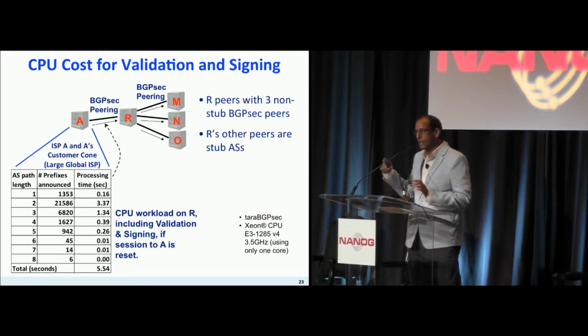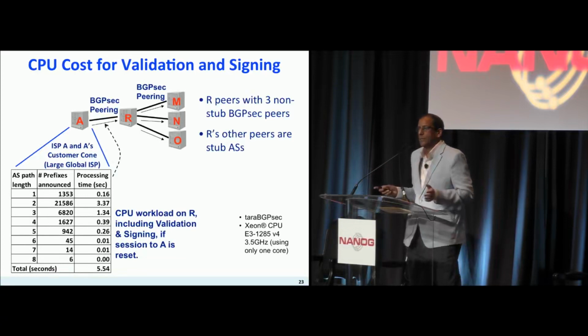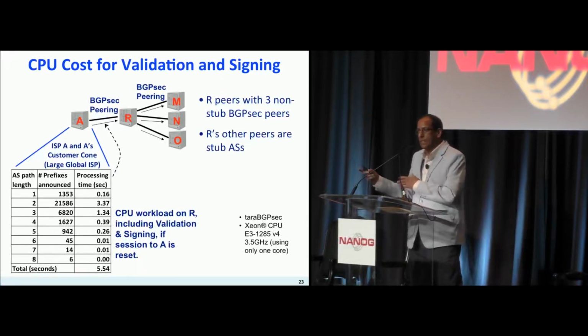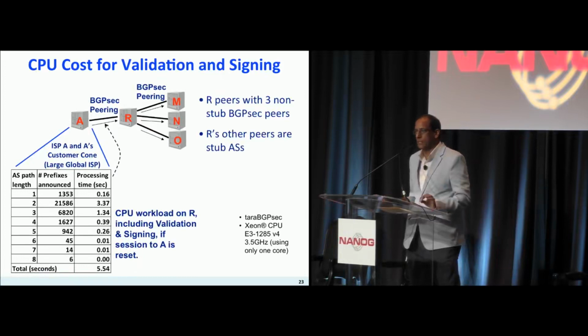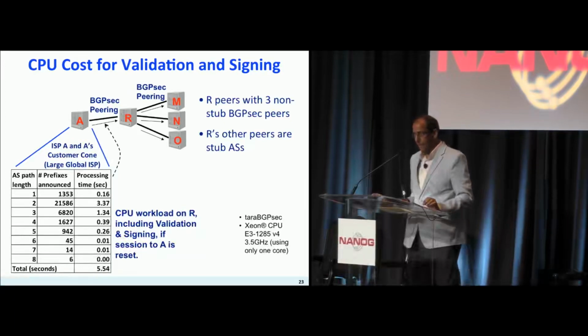And when the update leaves the BGPsec island, this group of adjacent ASs which are doing BGPsec, then the signatures are dropped and the update is converted to a traditional BGP4 update and sent over outside of these contiguous ASs. So that's how BGPsec would work during the partial adoption period.